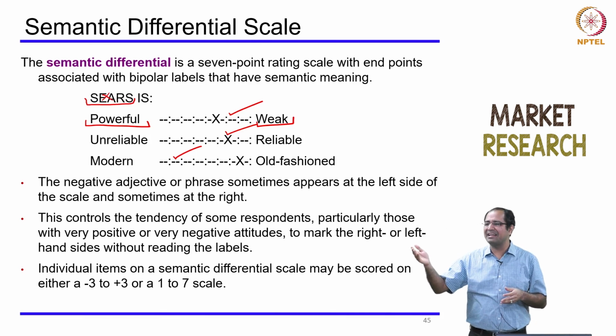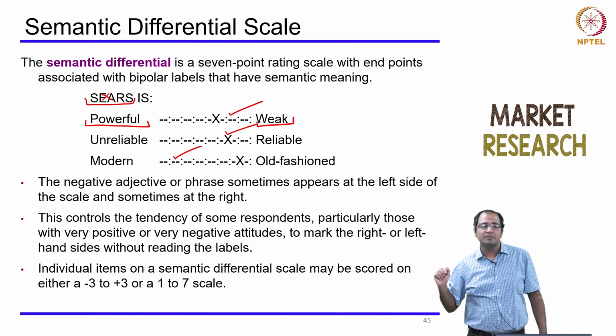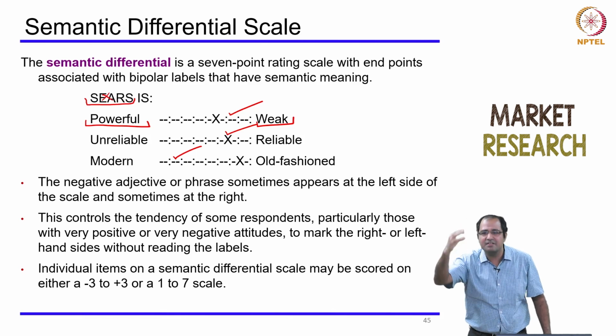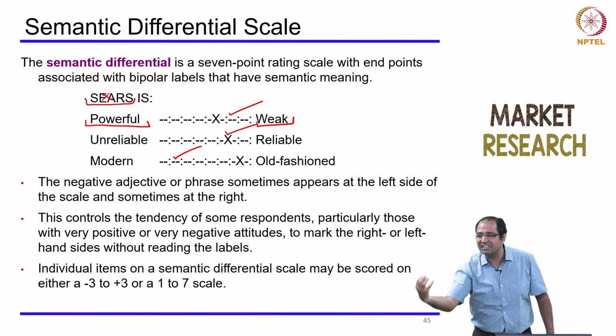Here also the similarity is there. It can be multiple item or single item. For measuring preference towards Pepsi, we use multiple items: tasty, modern, powerful, and we can take the summated score.